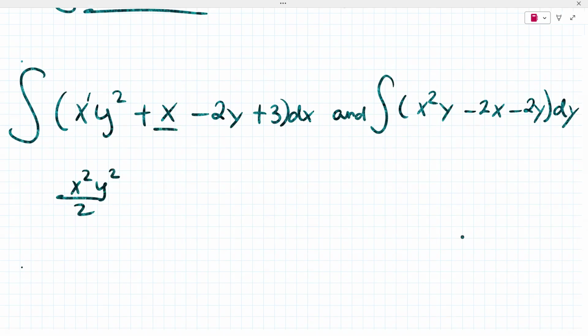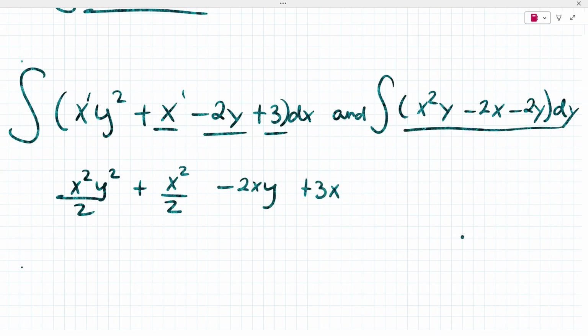The integral of x has a power 1, so that would be x squared over 2. The integral of negative 2y does not have an x, so with respect to x it would be negative 2xy. The same thing with this 3. It does not have an x, so you're just going to get plus 3x.